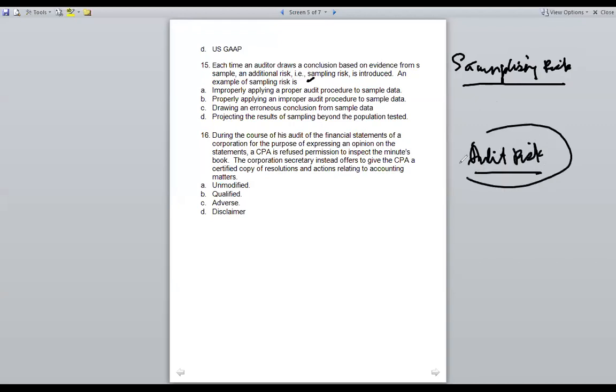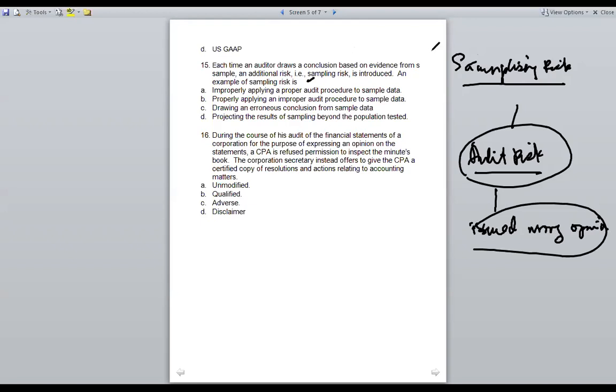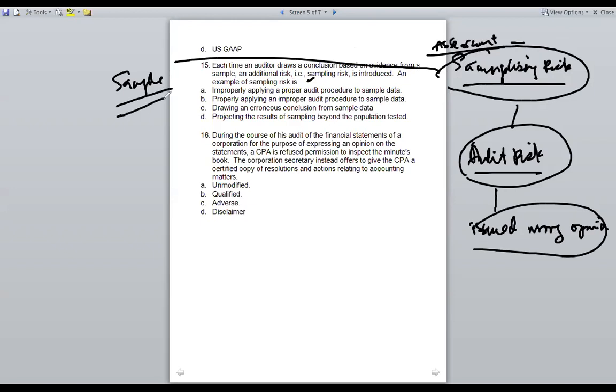Ibig sabihin, if you issue a wrong opinion as an auditor, bakit? Maybe because of the assessment that you made, that based on your assessment, everything is fairly stated, where in fact, may sampling risk ka doon. Based on your sample, mali pala yung sample mong nakuha. What if mali ang nakuha mong sample? So your conclusion will be wrong.